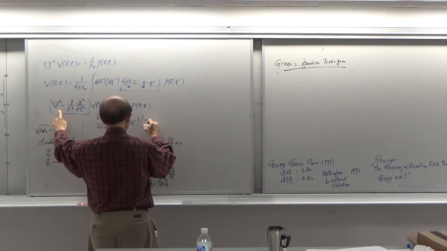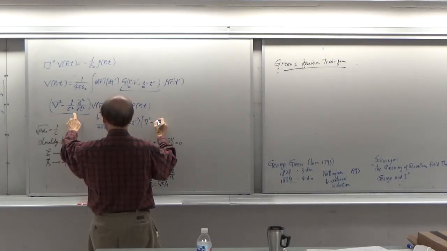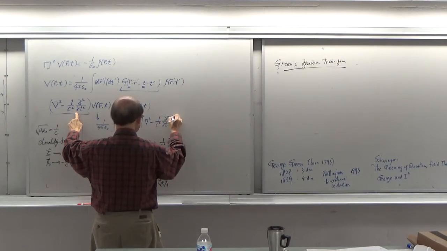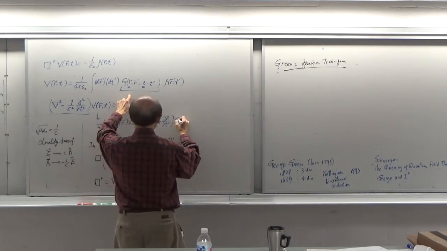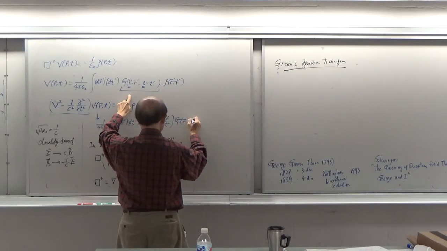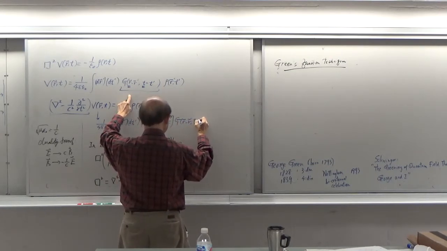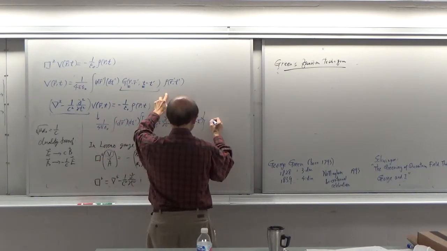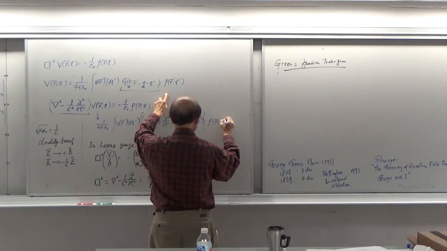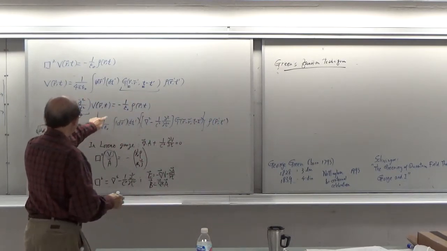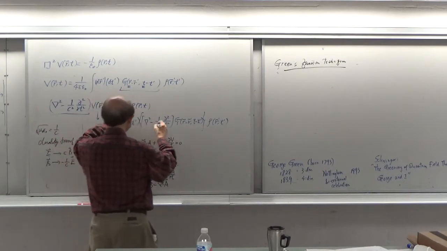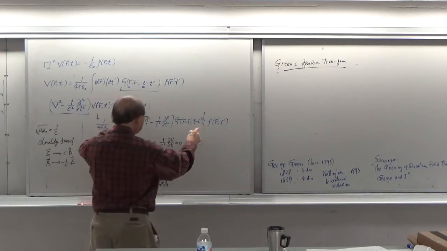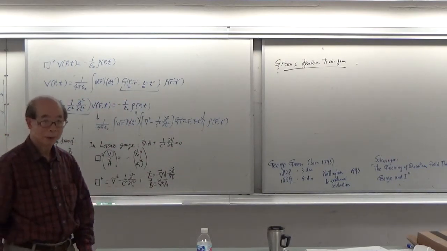So it's the Laplacian, minus 1 over c squared del squared by del t squared, acting on the Green's function, then times the charge density at r prime and t prime. And we want this to be equal to that for arbitrary rho. How is that possible?